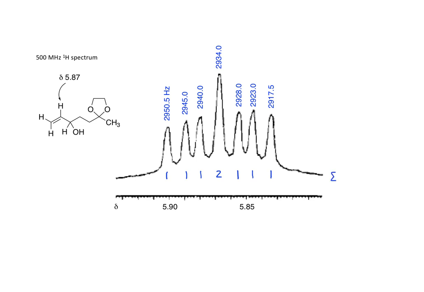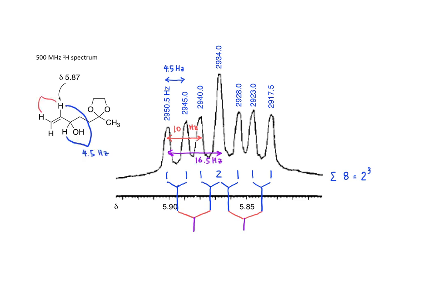In this case, I've converted the parts per million values into hertz. When you actually take your own spectra, I recommend along the bottom horizontal axis, print out parts per million, but along a top horizontal axis, print out the frequencies in hertz so that you can check the coupling patterns.